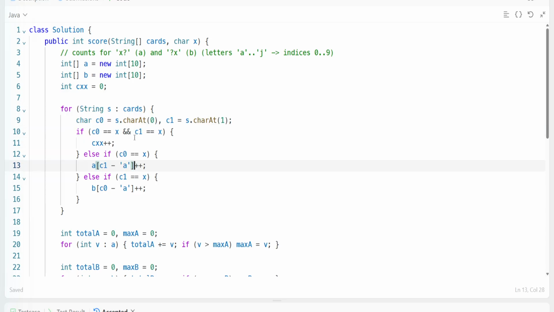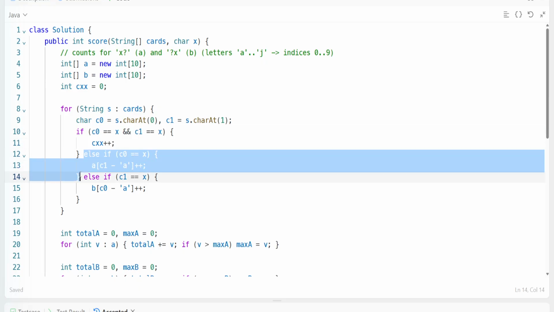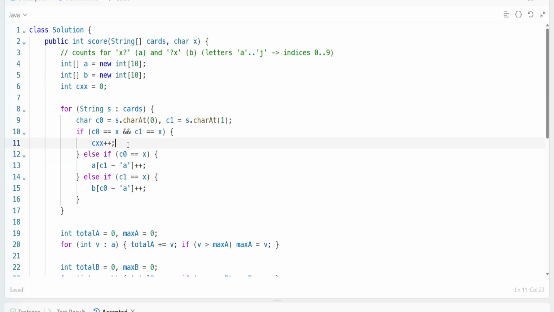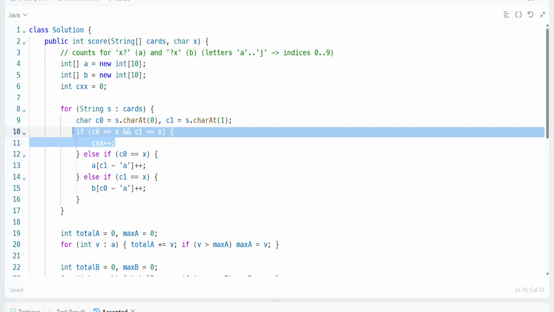We'll check the characters, and both characters contain either of these three categories. So these three are the categories. When both are in the same category, meaning both letters are X, for example AA, this card can pair with many others because changing one of its positions gives you another valid card.